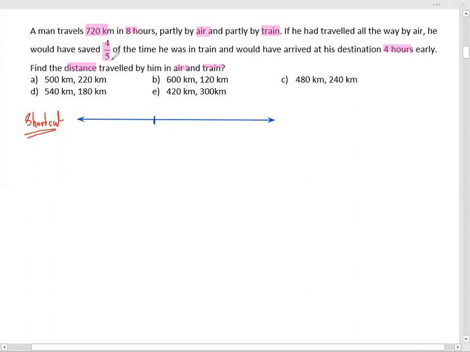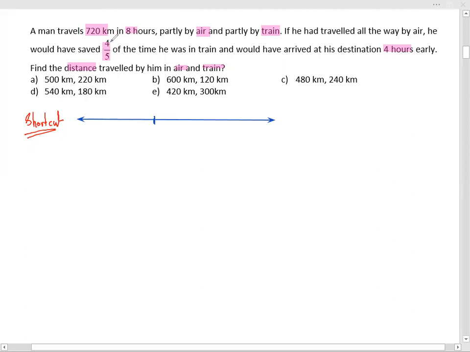Now, whenever I am moving to the second part of the question, that means if he had traveled all the way by air, he would have saved four-fifths of the time. His time requirement is train movement, then air movement, total time taken. Now, the train movement part, if he is moving by a faster speed, saves four-fifths of its time. So what I can understand, the speed ratio from this given statement.